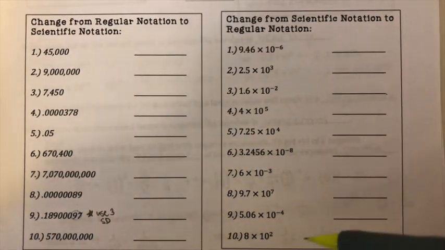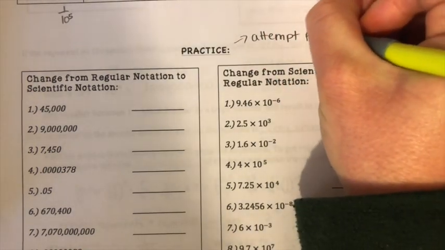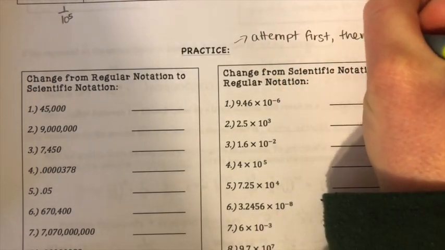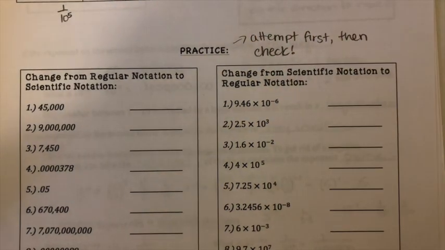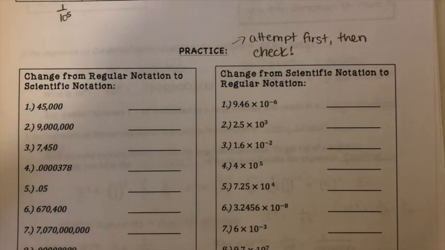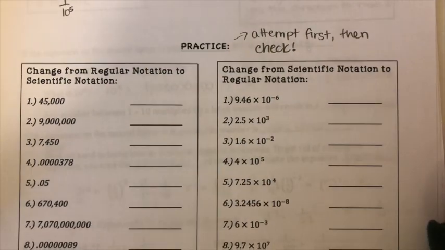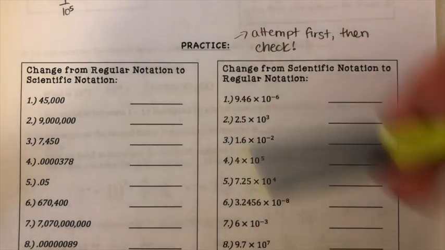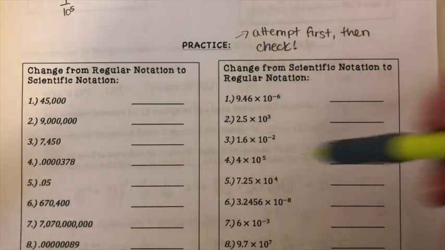There is an answer key posted to this, but you should attempt it first, then check. Don't just copy the answers off the answer key that's posted on Genius. Attempt this by yourself, then check your answers to make sure that you've done it right. There's a PDF of this whole document on Genius, and you can scroll to the bottom and check your answers.